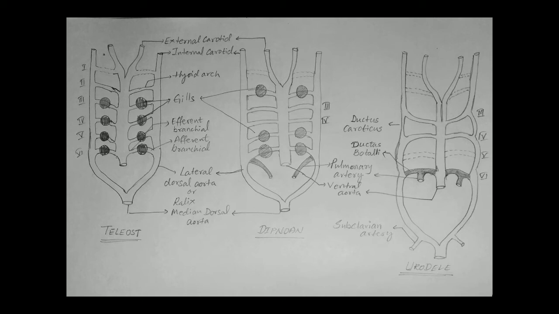The four pairs of aortic arches we have already seen are also present here, that is, the third to fourth pairs of arches. In some forms of urodeles, the fifth arch is incomplete, reduced, or completely absent. Tailed amphibians show a transition from 4 to 3 pairs of aortic arches.